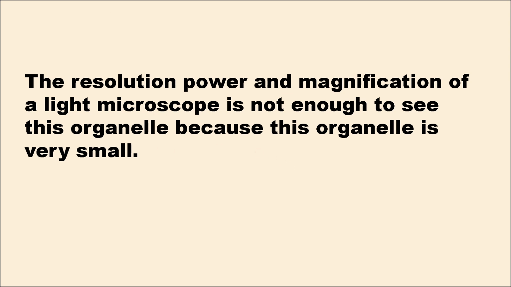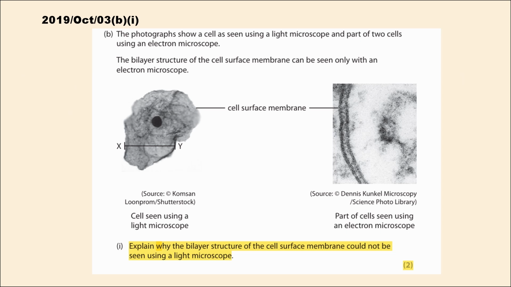So the next question is from the 2019 October paper. You are given two different pictures. One is a cell seen using a light microscope, and the next one is a part of a cell seen using an electron microscope, and they are focusing on the cell surface membrane. If you look at the electron microscope, you can see the bilayer structure, which is clearly distinguished.